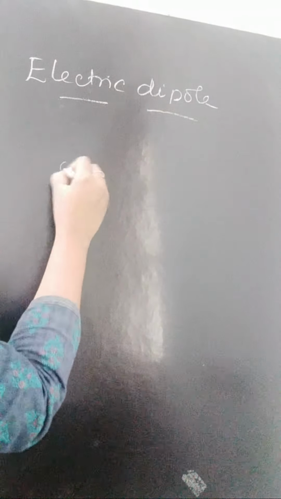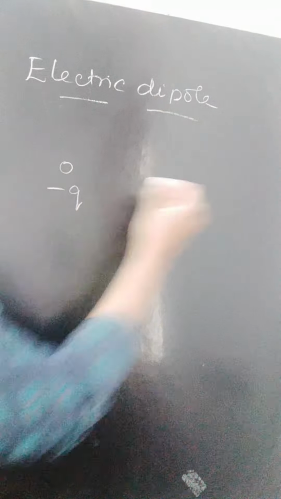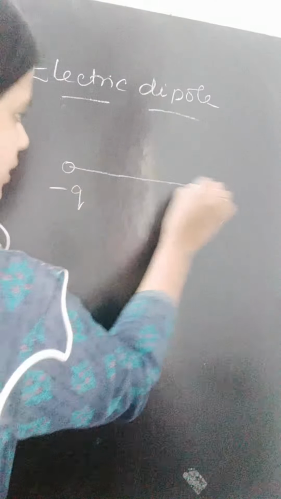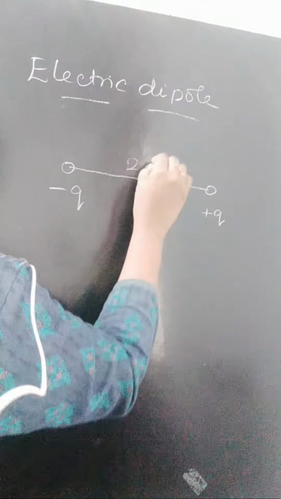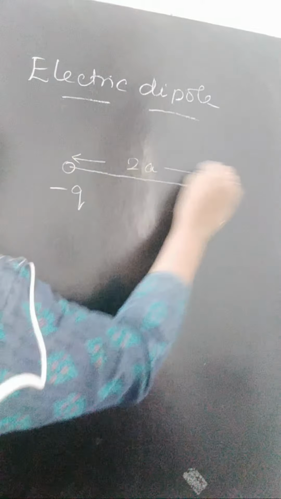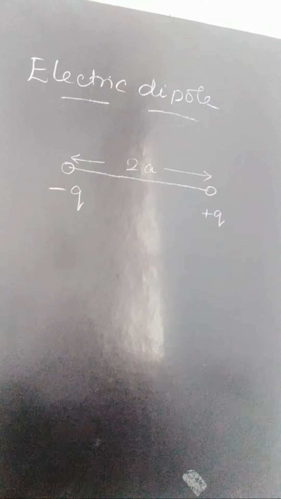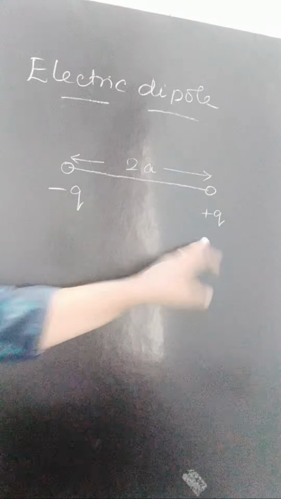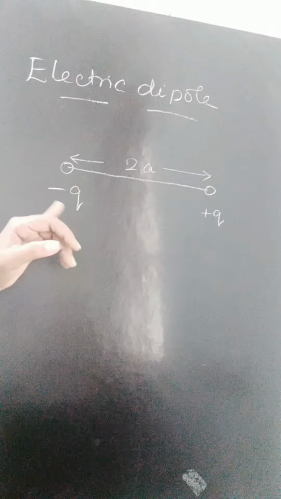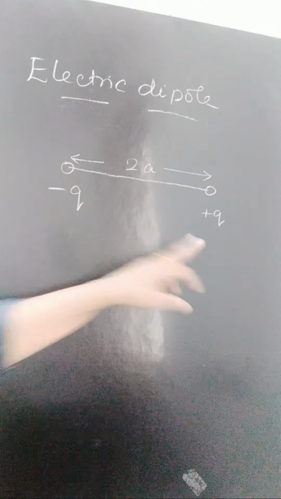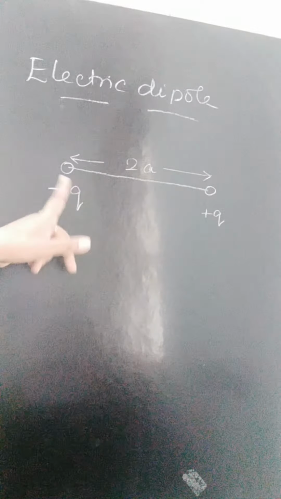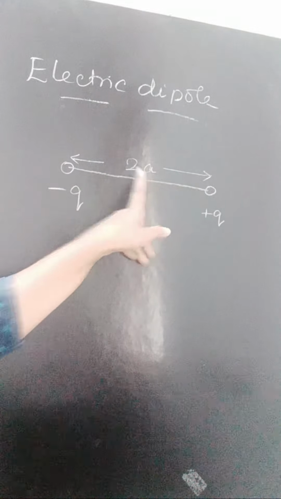Here one is a negative charge and the other one is a positive charge, and both are separated by the distance 2a, where 2a is the distance between the two poles. Both are the same in magnitude.